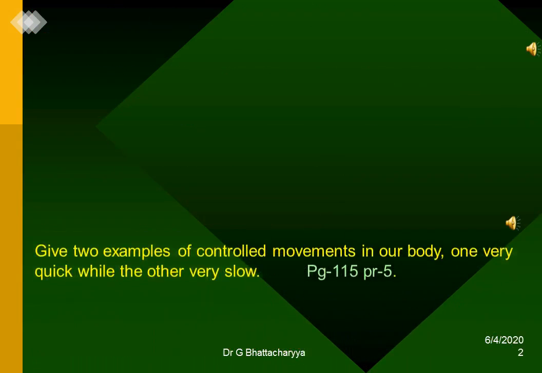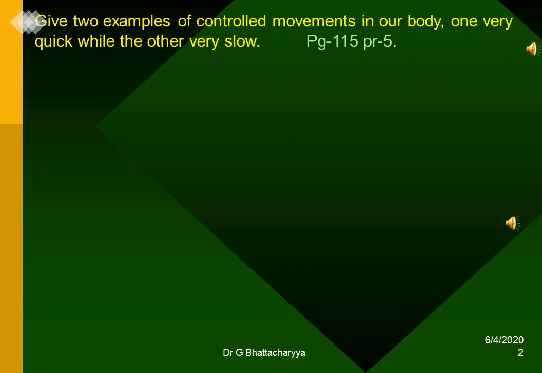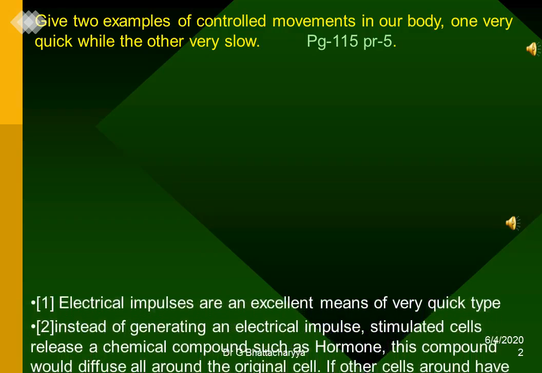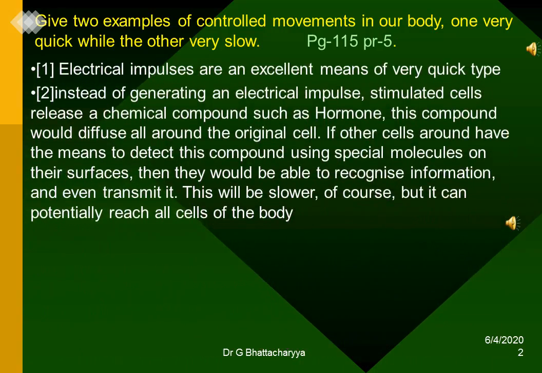Give two examples of controlled movements in our body, one very quick while the other very slow. Number 1. Electrical impulses are an excellent means of very quick type. Number 2. Instead of generating an electrical impulse, stimulated cells release a chemical compound such as hormone.